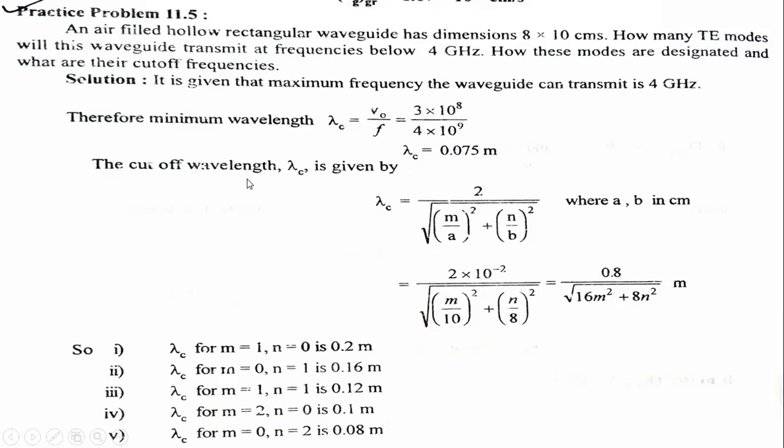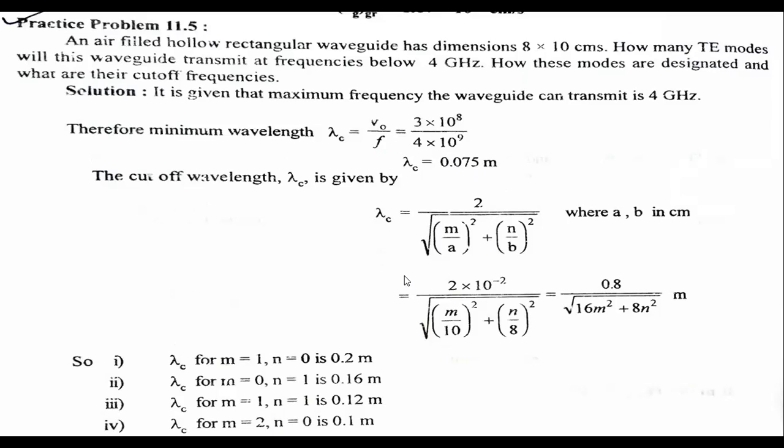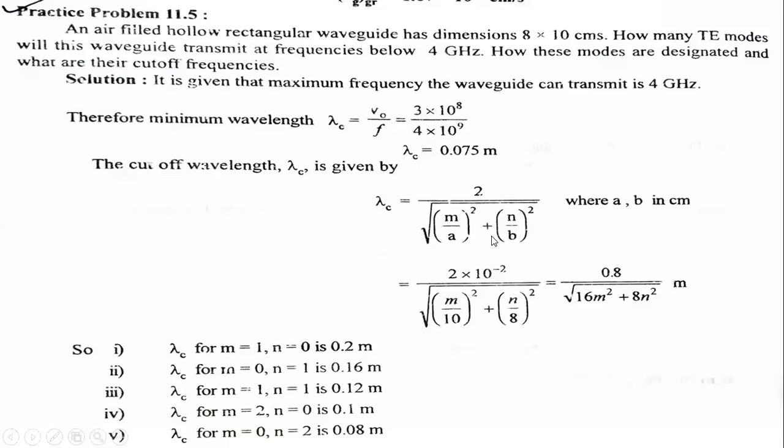Now the cutoff wavelength lambda c is given by, considering the dimensions and the modes, 2 divided by root of (m by a) whole square plus (n by b) whole square, where a and b are in centimeters.